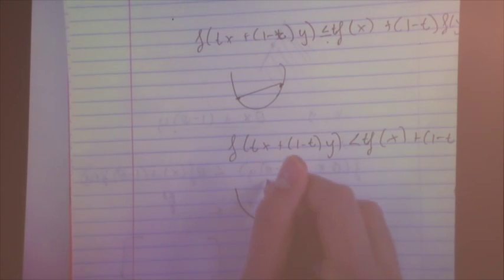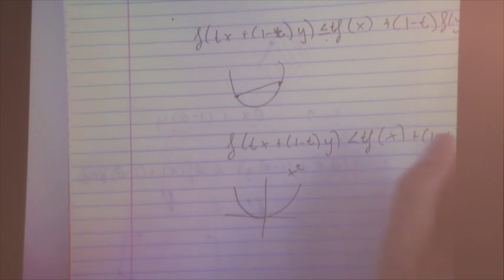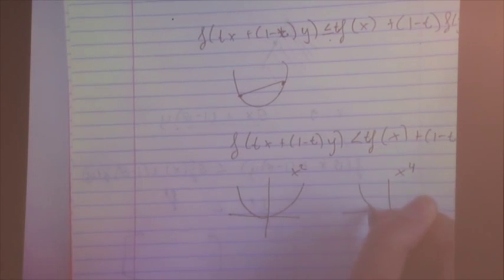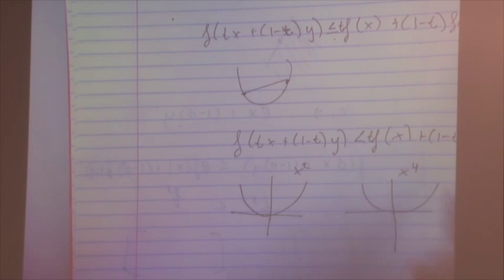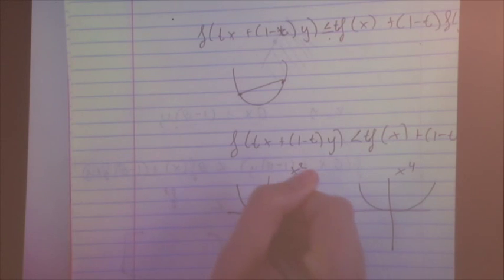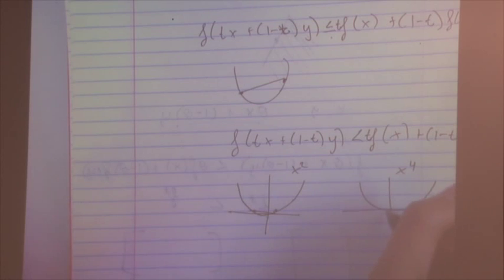So a quadratic function is not super flat near the minimum, but if I have x to the fourth, what happens to x to the fourth? It sort of flattens out like this, right? So strong convexity, which is something that x squared has, is saying that this is curvy enough that I can always be sure that I'm connecting 2 lines above my function. But regular convexity just says, well, sometimes this line can lie on the function.